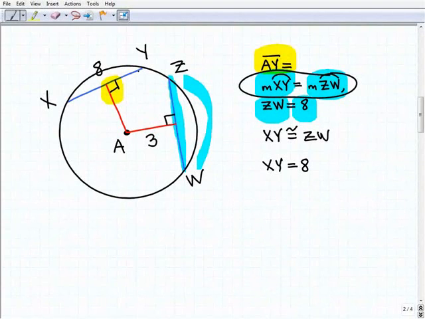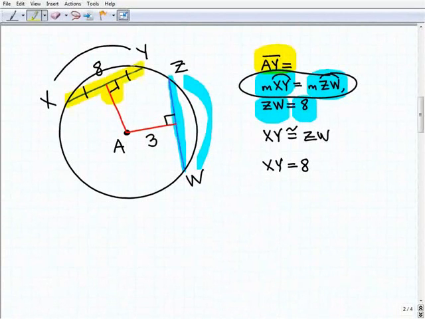What can we imply? The biggest thing is that this chord gets bisected, so it gets chopped in half. Not only the chord, the respective arc also gets bisected. If this radius would continue through, it would bisect that arc. Here we know that this chord is 8 units long, we already figured that out, so this will be 4 and this will be 4.